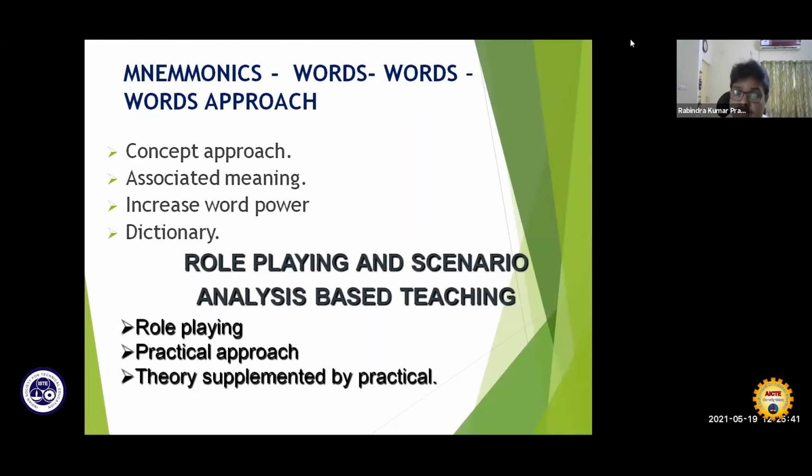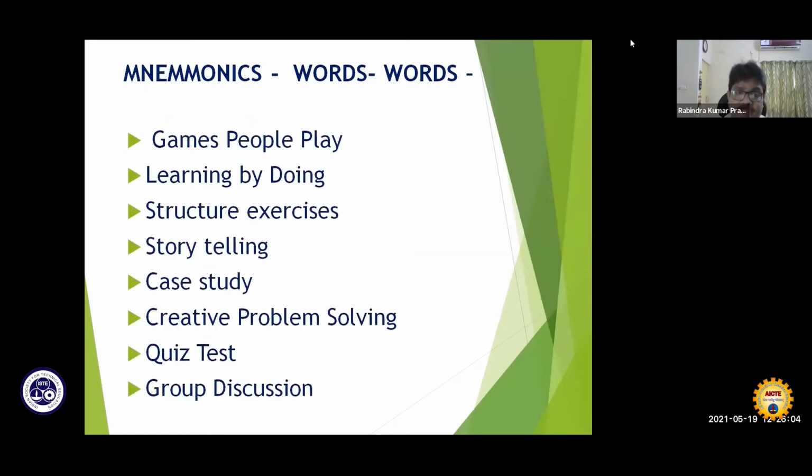Therefore, it is better remembered in the minds of students. That is why many times we say that learning by doing is thousands of times better than learning by listening. So action learning or activity-based learning is always better than silent learning.